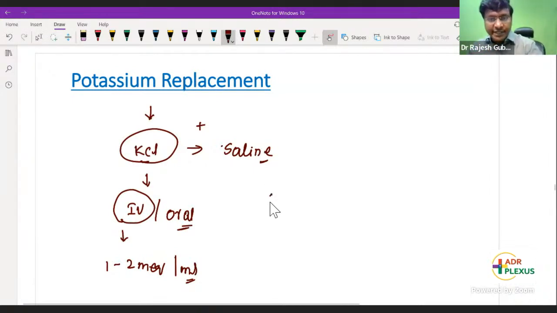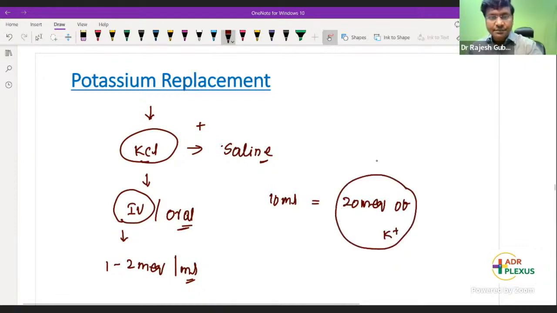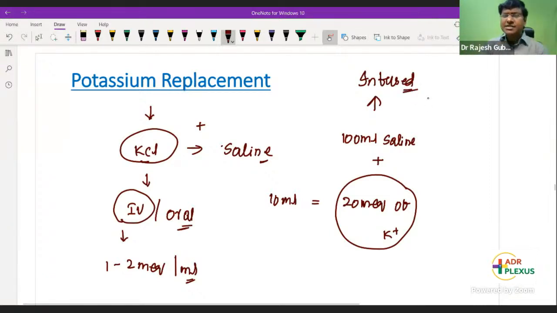That means a 10 ml ampule will contain 20 milliequivalents of potassium, and this is combined with 100 ml of saline and then infused. Why? Because it is a hyperosmotic substance.